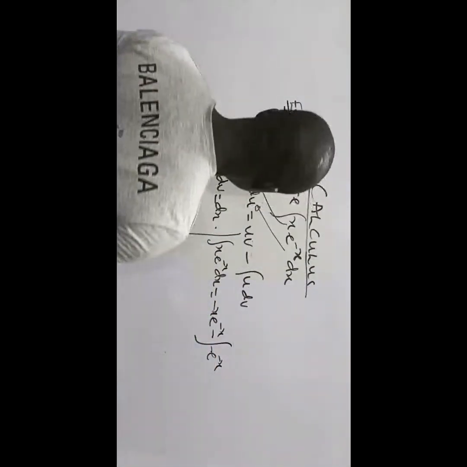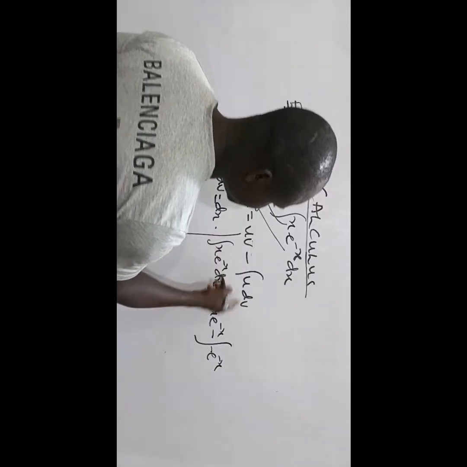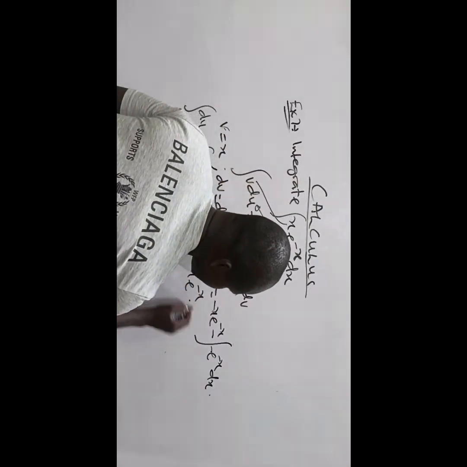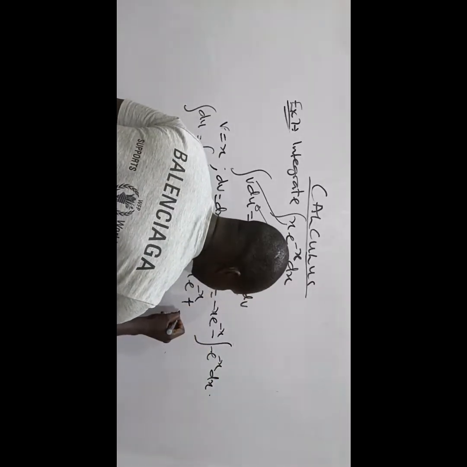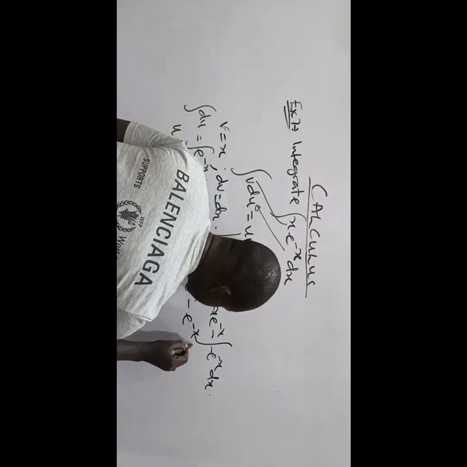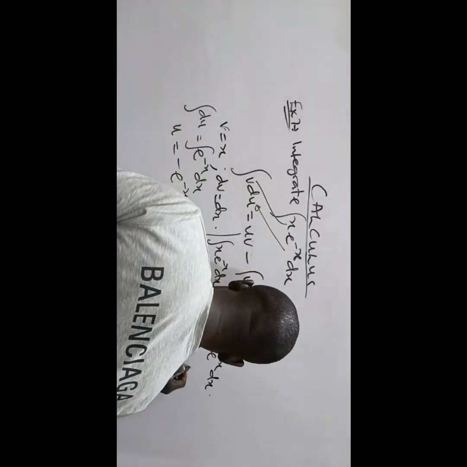Then what is dx? Dx is dv. Dv is dx. From there we are going to have minus x e minus x. Minus times minus will be plus. If I integrate this, I'm going to get minus e minus x. That's what I'm going to get. Minus e minus x, then plus arbitrary constant.